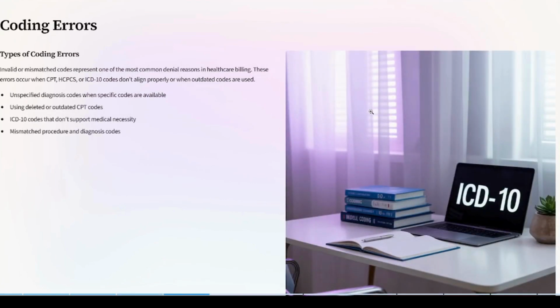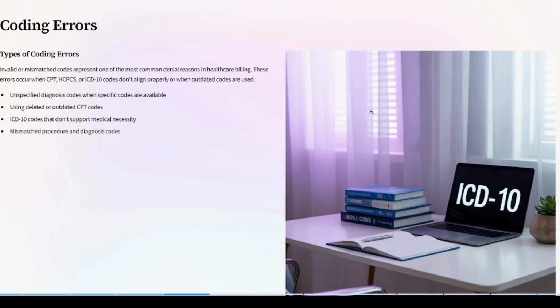Next, we have coding errors and types of coding errors, which include invalid or mismatched codes, represent one of the most common denials in healthcare billing. These occur when CPT, HCPCS, or ICD-10 codes do not align properly or when outdated codes are used.